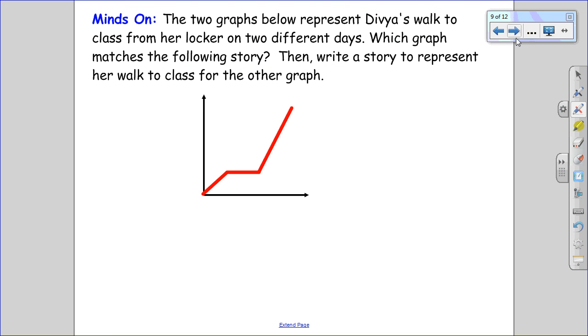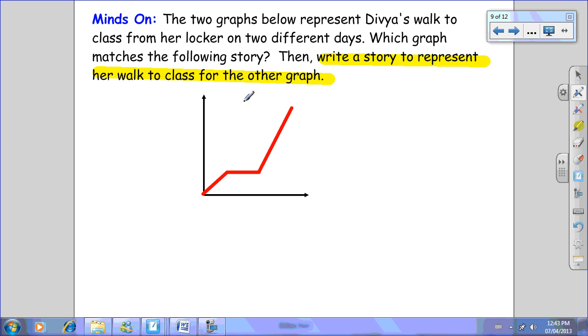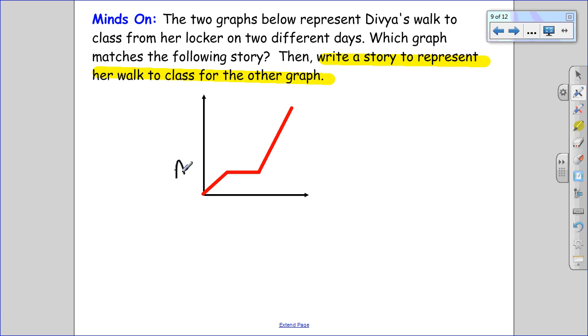The next part of this asks me to write a story to represent her walk to class for the other graph. So this is the other graph we have. If I look at this graph, she's moving away from because her distance is increasing. Distance is staying the same, so she must be standing still. And here, again, she's moving away from.